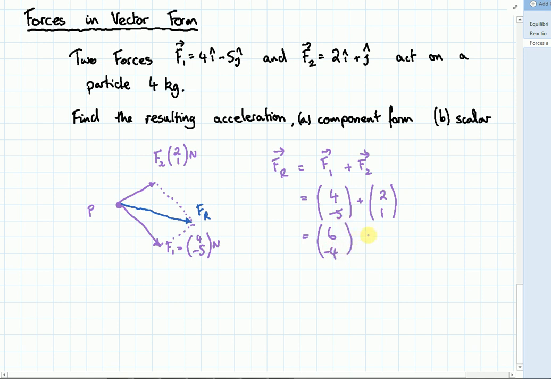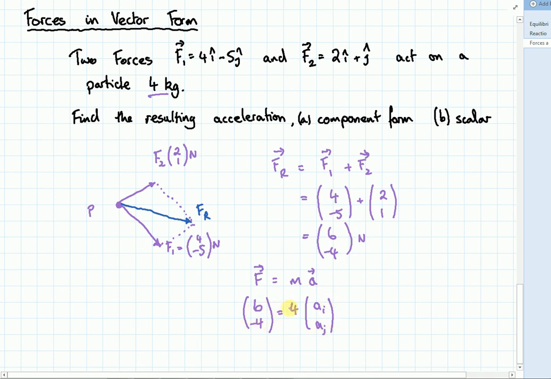And that's a force in newtons. Then we're asked to find the acceleration. Well, we've got basic F equals ma. The resulting force is the mass times its acceleration. So we've got (6, -4) newtons is equal to the mass, which was 4 kilograms, times our acceleration, which I'm going to call (ai, aj).